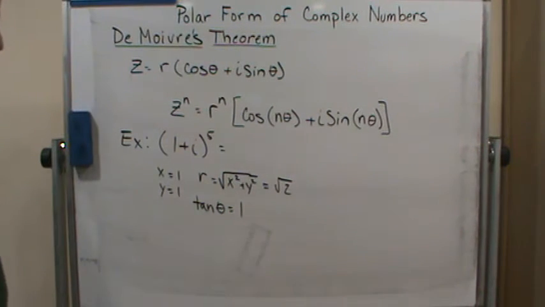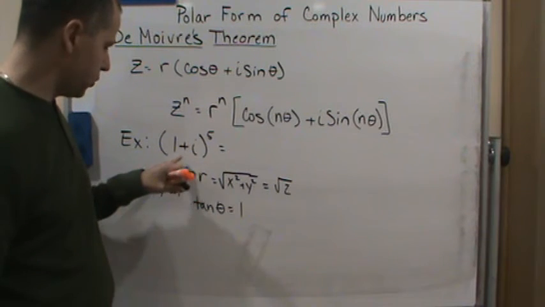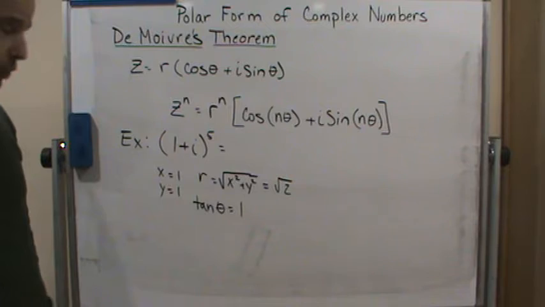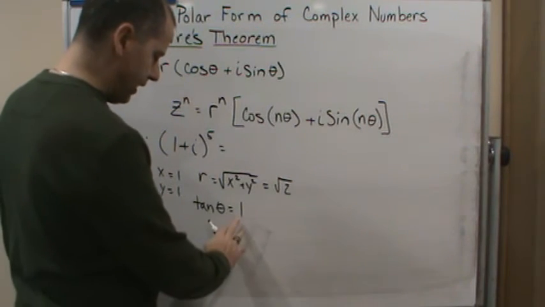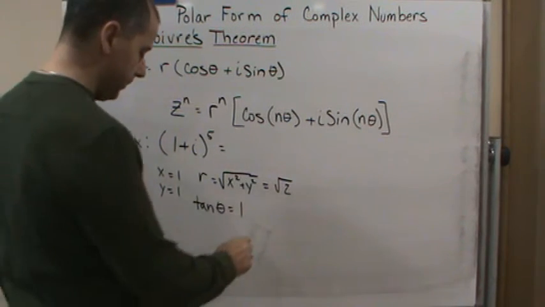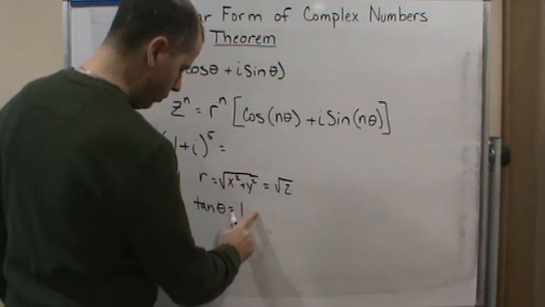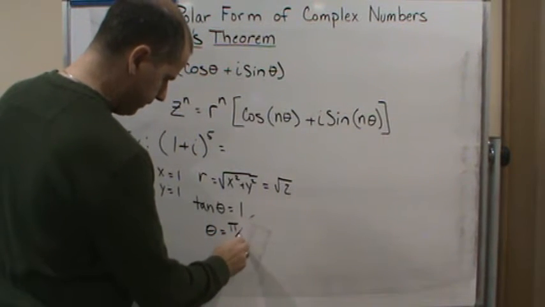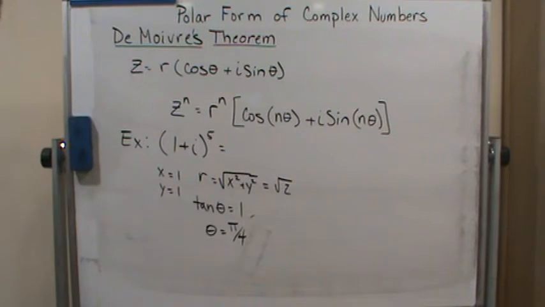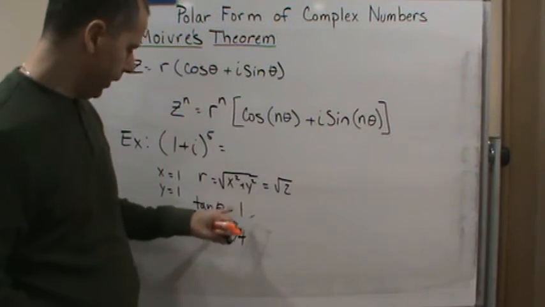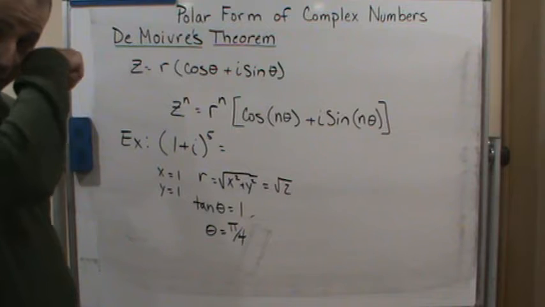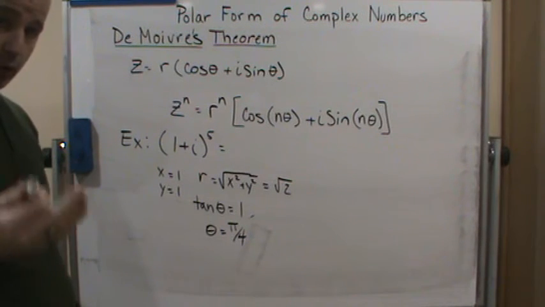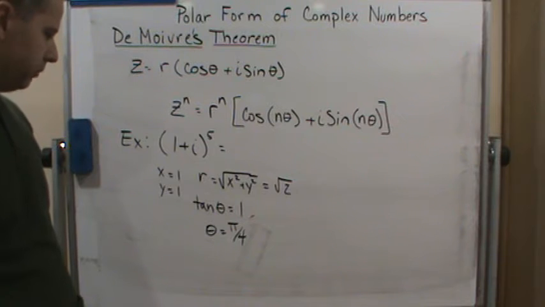By the way, this is in the first quadrant, as you can see. The only angle in the first quadrant that gives us a positive 1 is pi over 4, a 45-degree angle, because 1 over 1 is a 45-45-90 triangle.